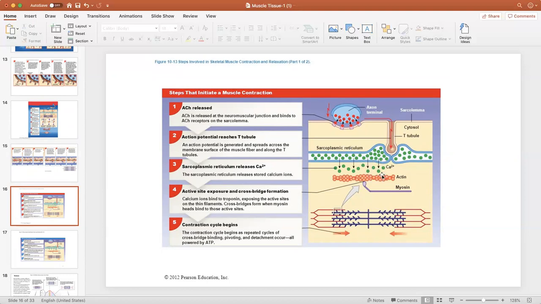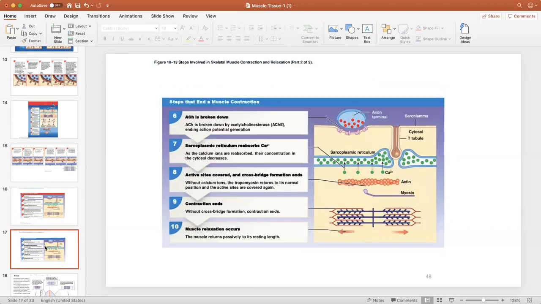Calcium binds the troponin, which rotates the tropomyosin off the active site. So then the myosin head can attach to the active site, causing a cross bridge during the attachment, and then it pivots to form a power stroke to shorten and slide the thin filament over the thick filament.